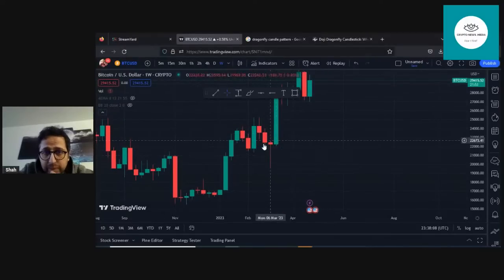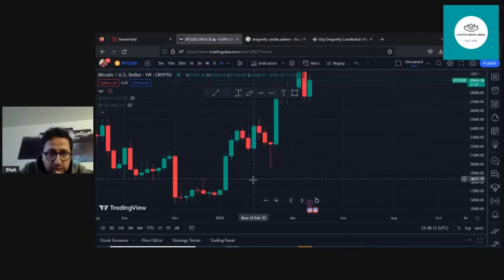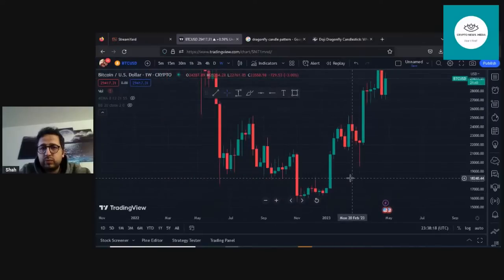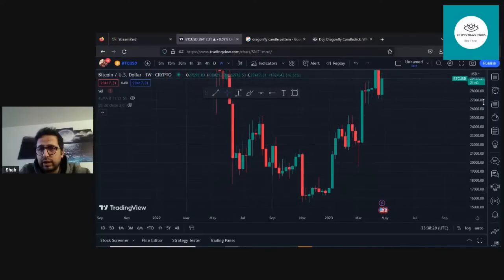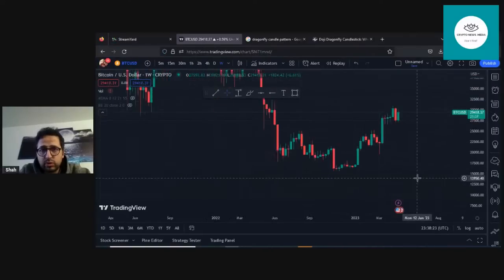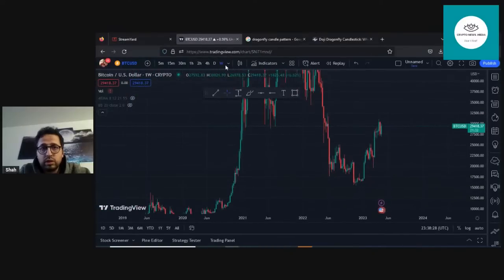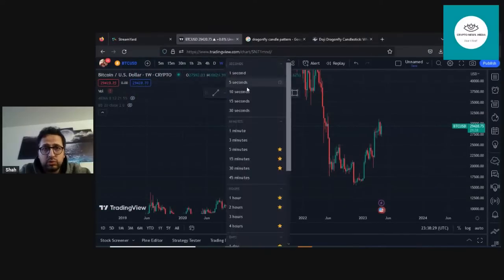You can see it appears at this place, and then you see it appearing in other places as well. Anyway, we are not learning candlesticks here today. For that, you can read that book. What we are doing here is trying to understand how to use TradingView for our benefit.